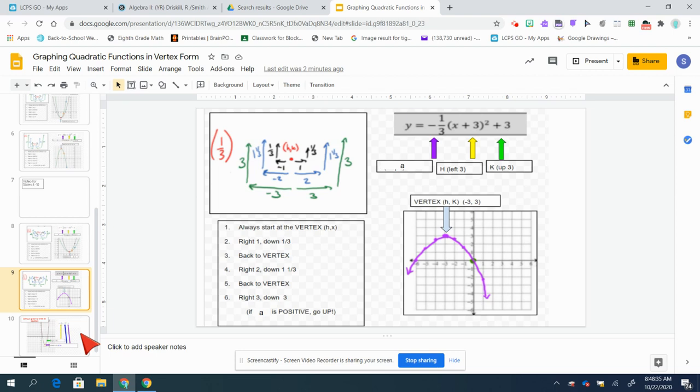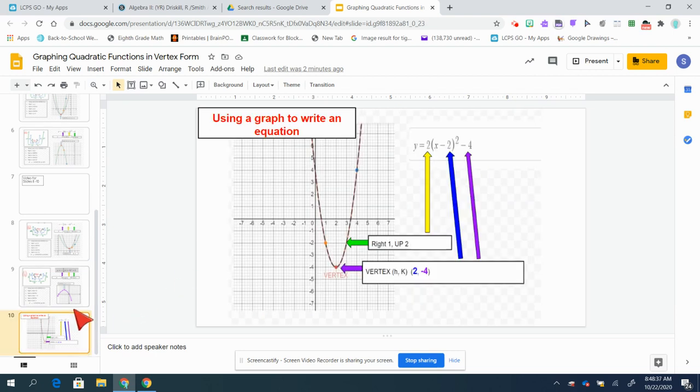Makes sense, doesn't it? Our final problem, and you had some of these on Desmos, is if you are given a graph, how can you use the graph to write an equation? Okay, so we always start with y equals, and it's good to begin with your hk before moving on to your a value. So we find our vertex, it's right here.